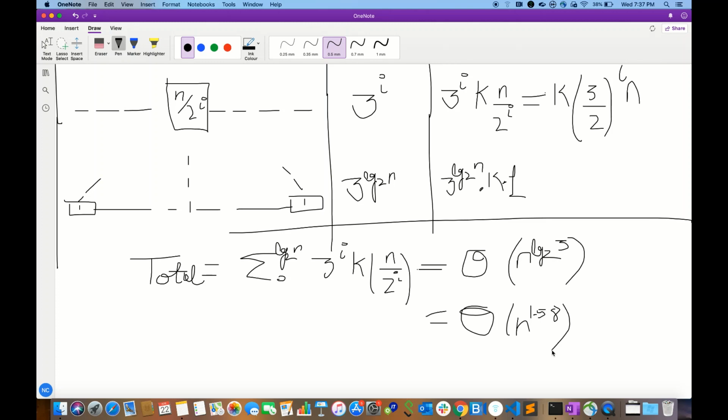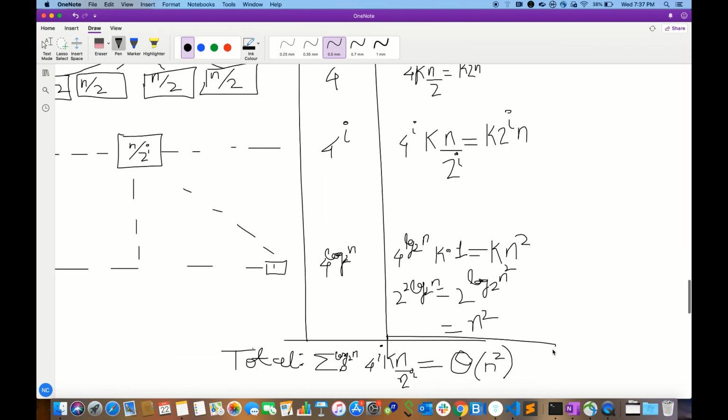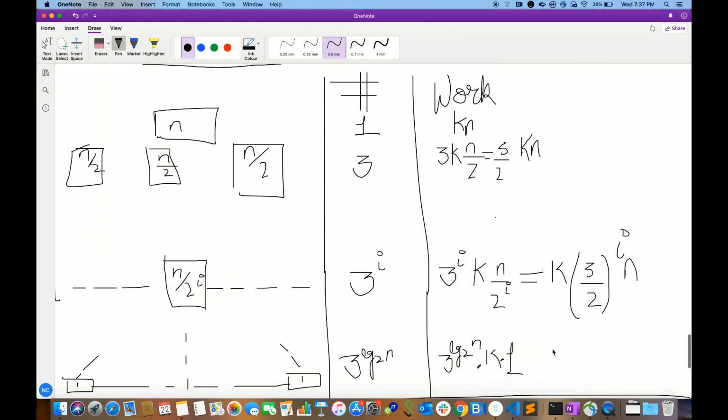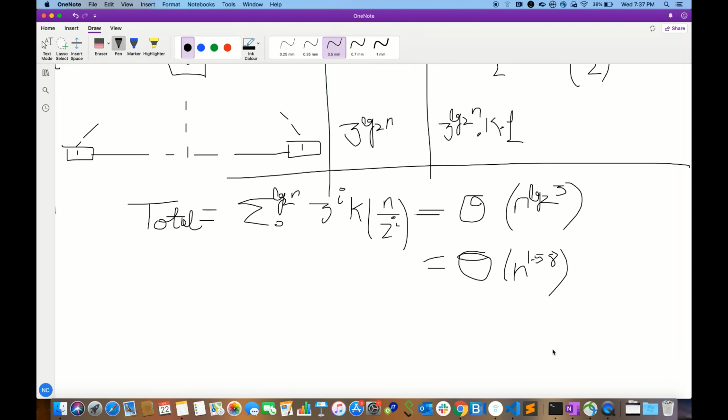So in the previous two approaches which we saw, the time complexity was n square, and in the current approach the time complexity gets reduced to n to the power 1.58, which is relatively better than n square.